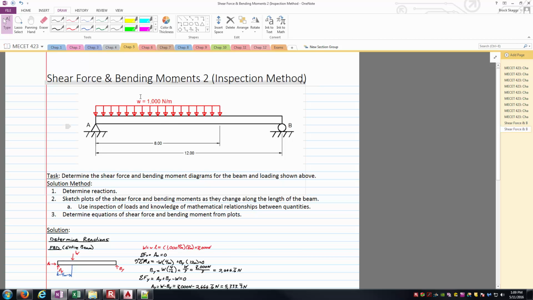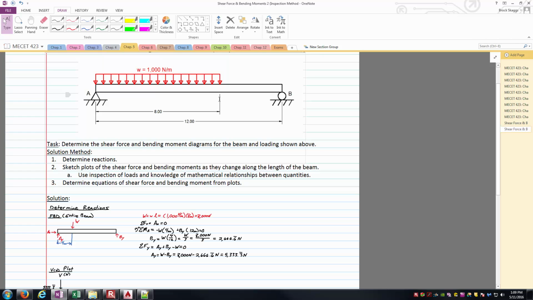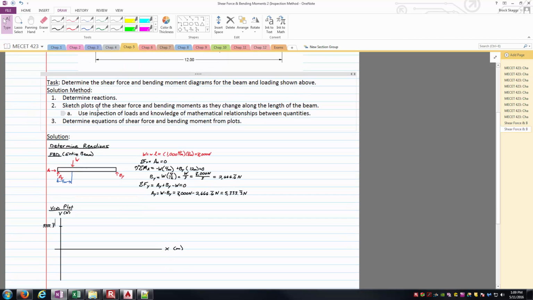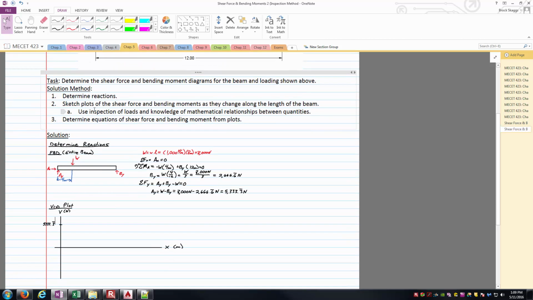And essentially, by the time we get to 8 meters, it's going to have dropped the entire magnitude of the distributed load itself here. And so one can think of it that way if they'd like. Basically what you have here is the 5,333 and a third newtons minus 8,000 newtons.